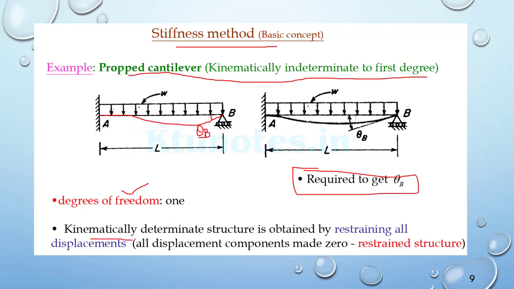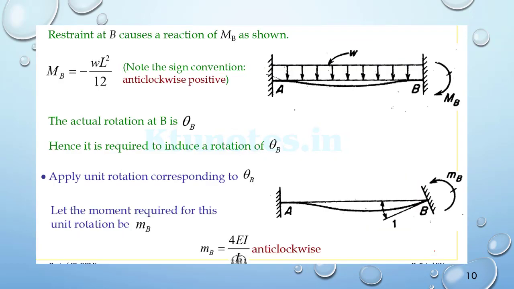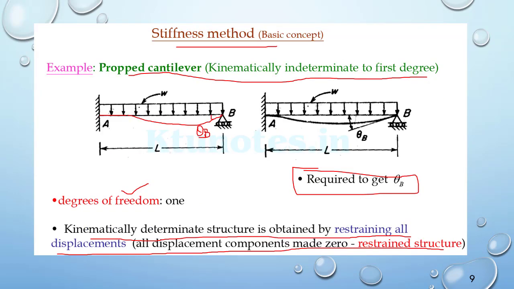So the kinematically determinate structure is obtained by restraining all the displacements, that is, all displacement components are made 0 for the restrained structure. For that, we are restraining the right support with 0 rotation.